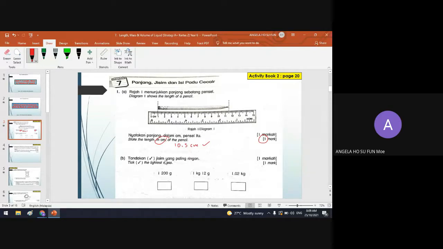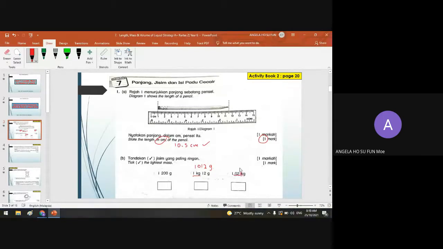First of all, the first box here is 1,200 gram. I will change all of this into gram. 1 kilogram is 1,000, so 1,000 plus 12 is 1,012 gram. And here, if you want to convert kilogram to gram, all you need to do is shift the decimal point 3 times to the back. 1, 2, 3.